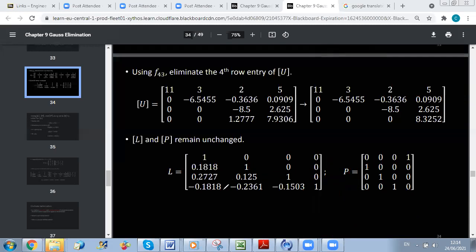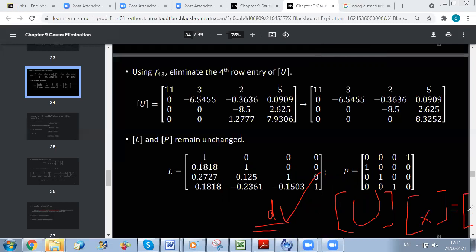Now, once vector d is completely known, I can go back to the definition of d: the matrix U times x equals d. So now I will move to backward substitution, because now I have an upper triangular matrix times vector x equals d. So I will use backward substitution to solve for vector x. Let us see it here.